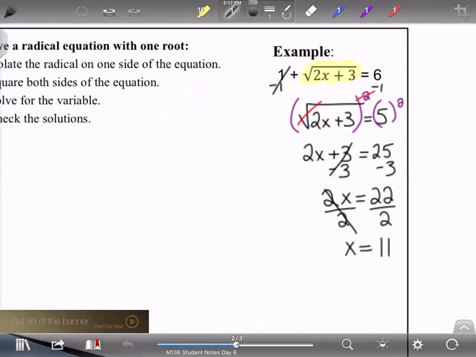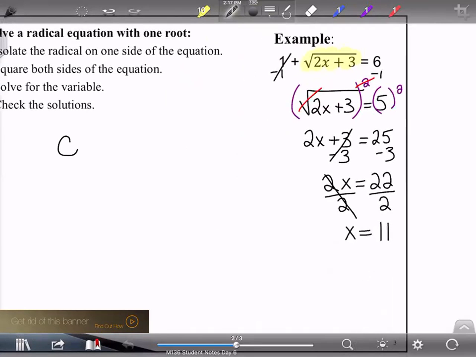So now we need to jump over to the side to check our solution. Again, we're going to go all the way back to the original. And in the original, I'm going to plug in 11 anywhere I see our variable.